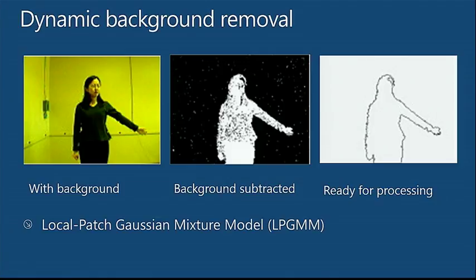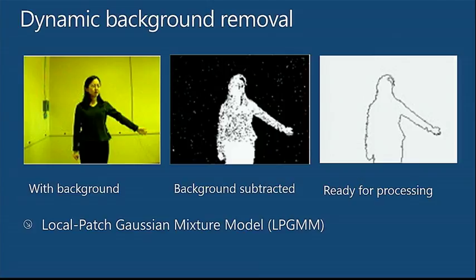Once we've actually got that background subtracted, we have this silhouette which is ready for processing. And then you'll be familiar with this concept if you've seen Kinect, of skeletonization. So we're taking this silhouette of me going like this, and I'm moving my arm, and we're just taking average points along the middle, and then we have a skeleton that we can start to work with.